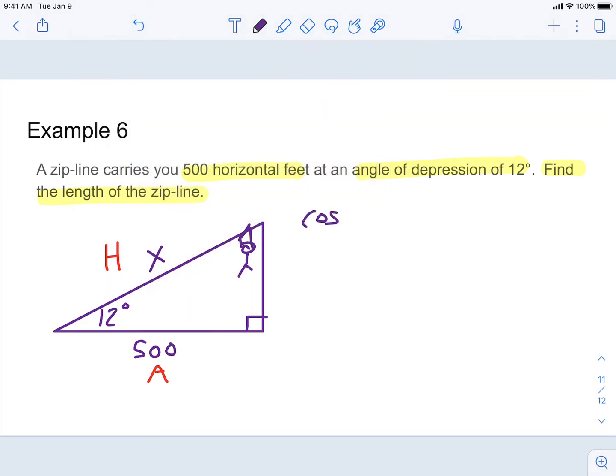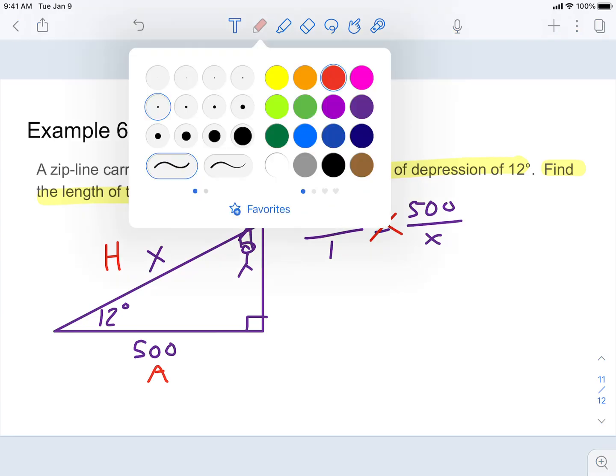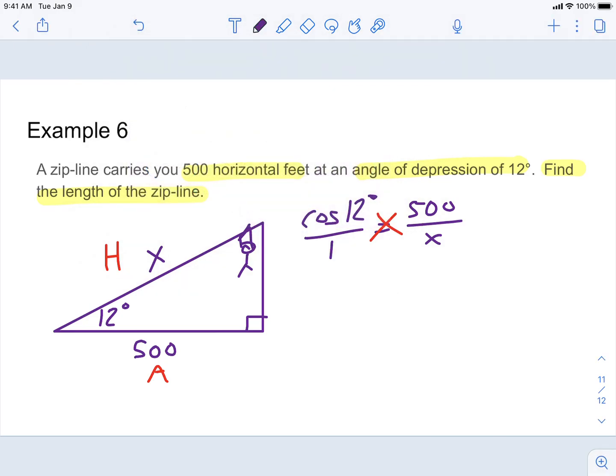So cosine of 12 over 1 is adjacent over hypotenuse. And we'll cross multiply. X times cosine of 12 is equal to 500.